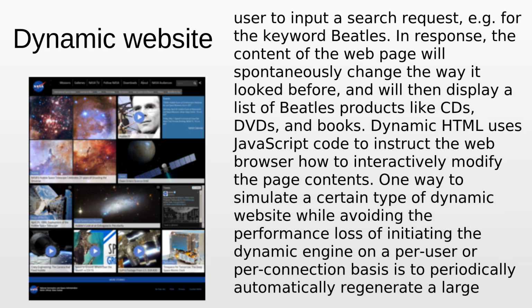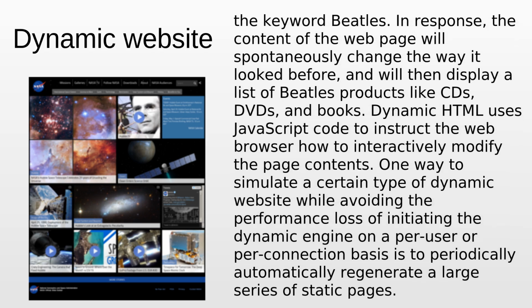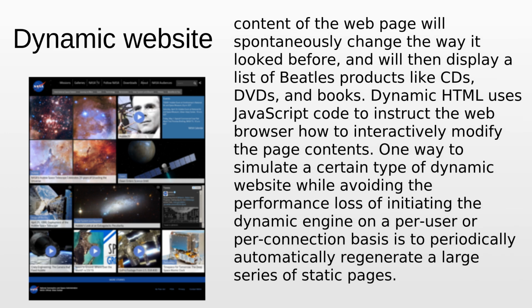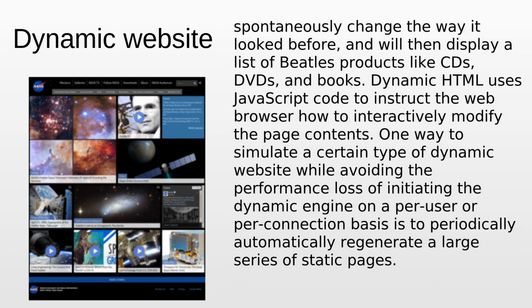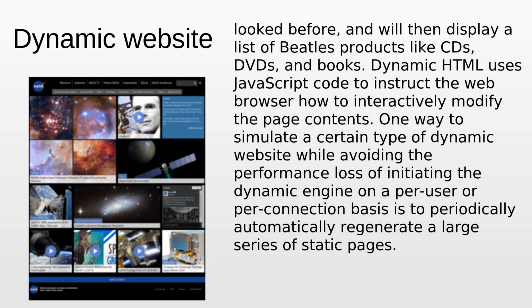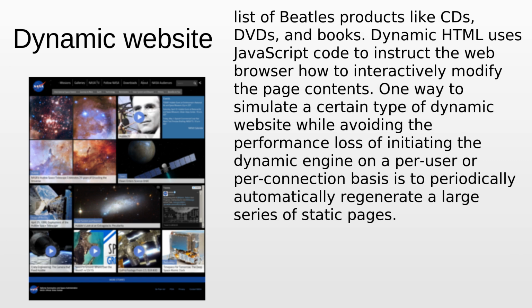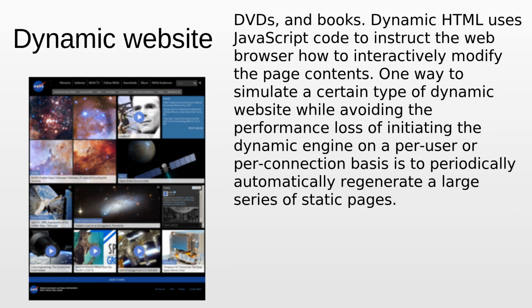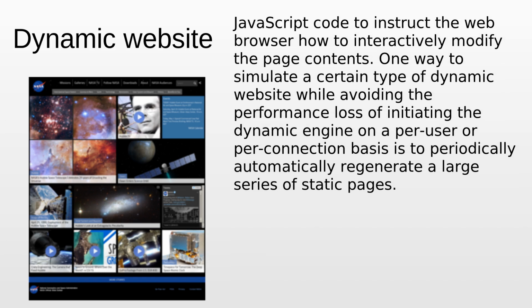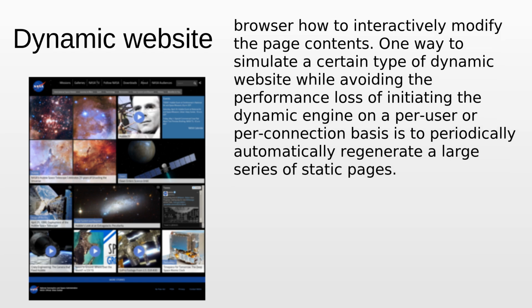In response, the content of the web page will spontaneously change from the way it looked before, and will then display a list of Beatles products like CDs, DVDs, and books. Dynamic HTML uses JavaScript code to instruct the web browser how to interactively modify the page contents.